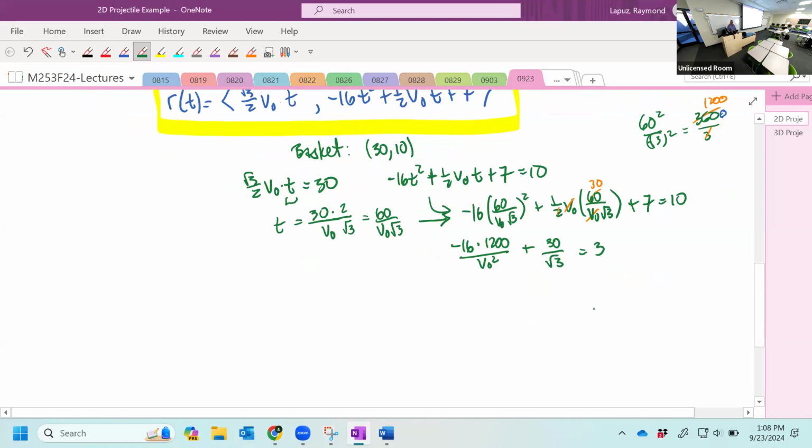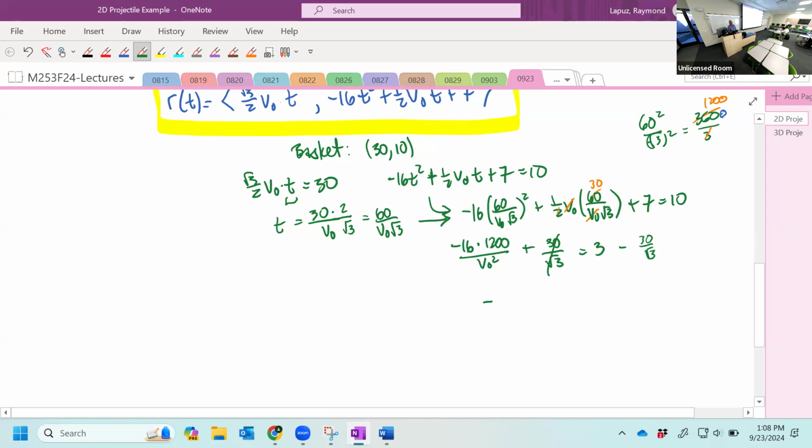Should I keep doing this by hand? Yeah. Okay, so let's bring this over to the other side. Negative 30 over root 3. Common denominator, square root of 3. So this is negative, should I multiply this in my head?